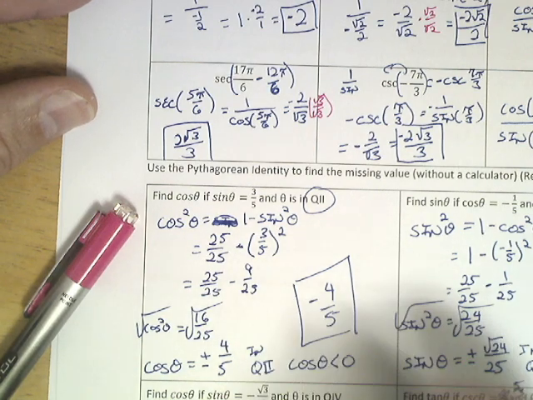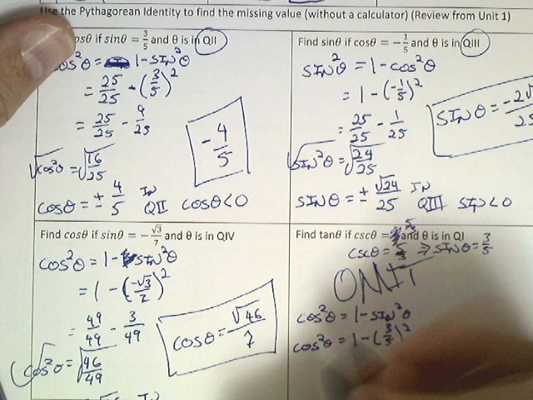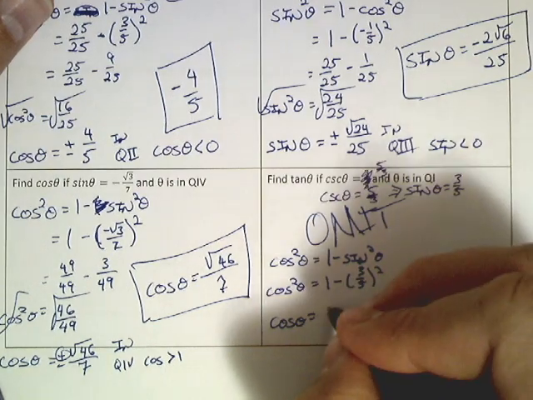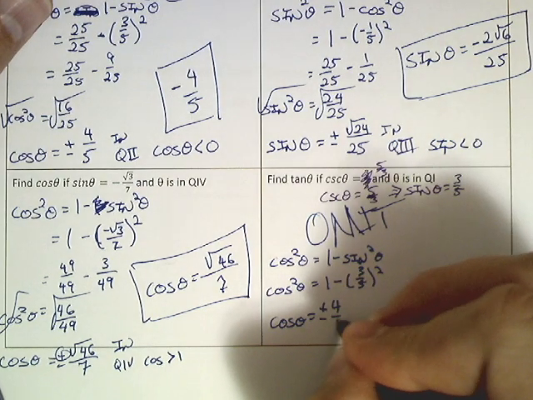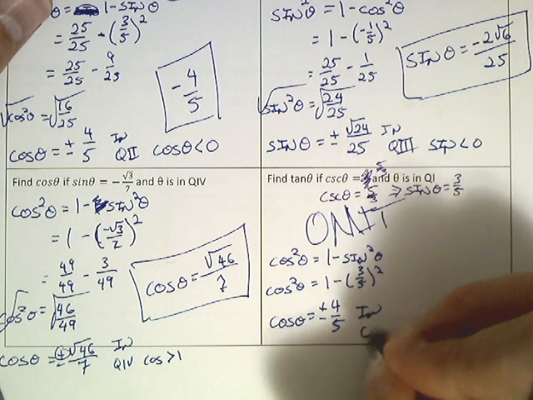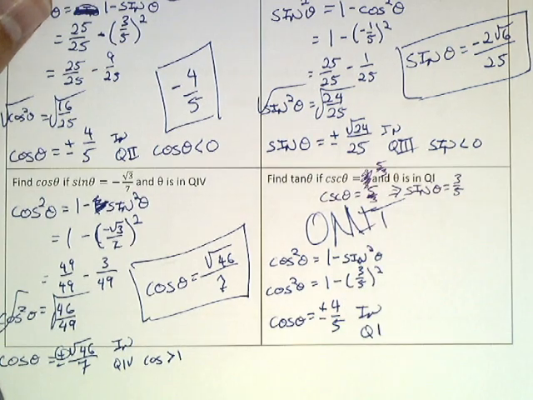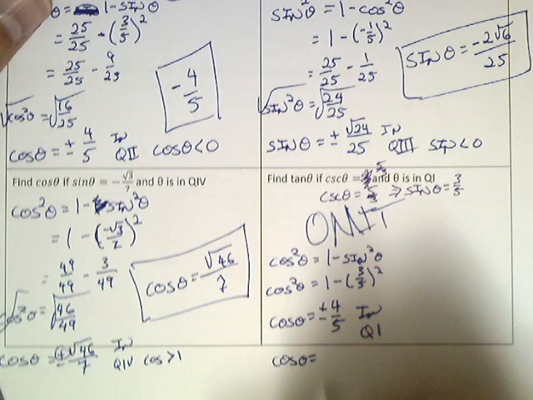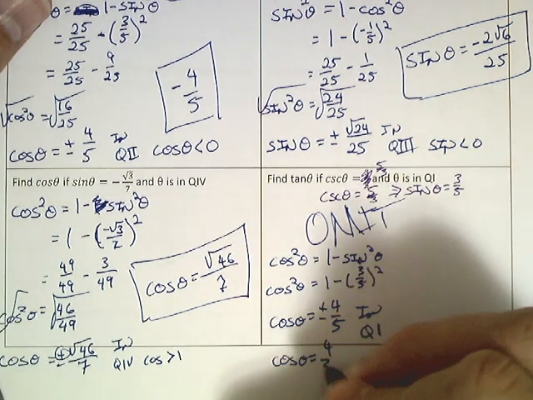We ended up getting 4/5. So that's going to happen again over here. They are the exact same numbers and the exact same problem. So it's going to be plus or minus 4/5, but we are in quadrant 1, so cosine of theta is equal to 4/5.